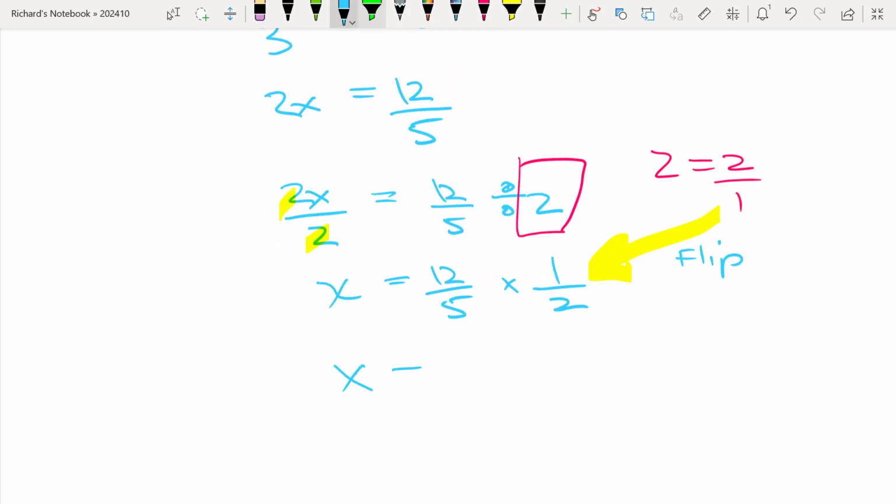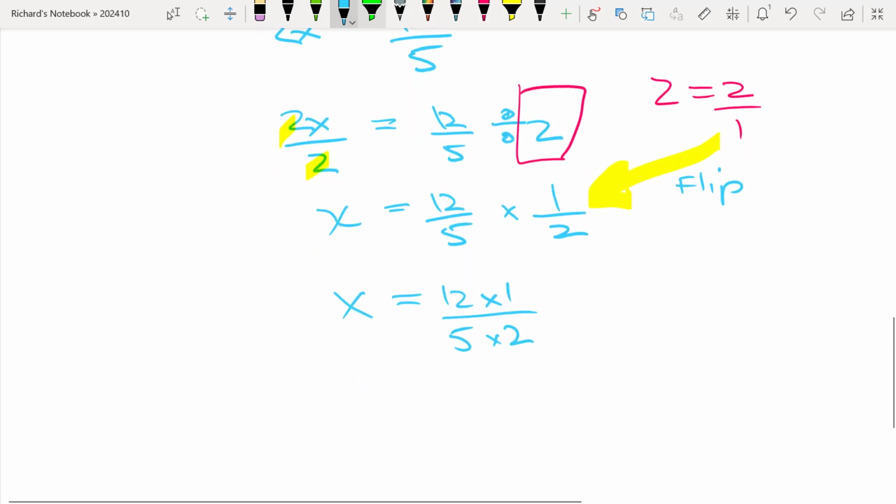So I have x equals 12 times 1 over 5 times 2. Notice I've put all the numerators over one fraction bar and all the denominators under the same fraction bar. And I can do that because I'm multiplying. Just keep that in mind. It's a little trick.